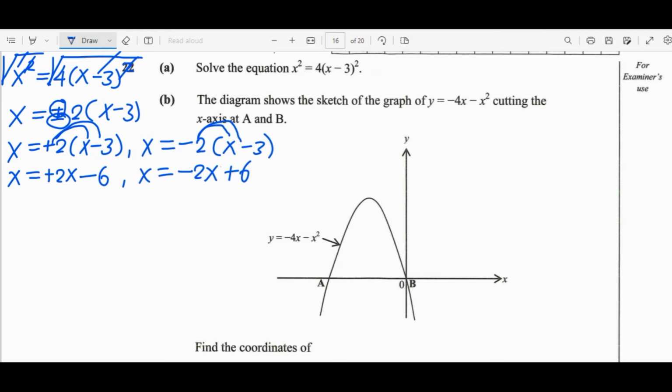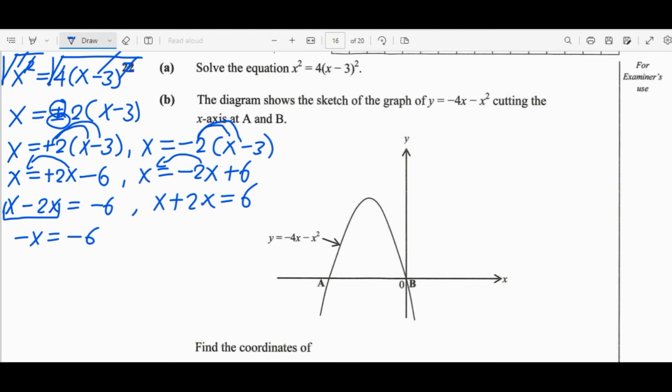Then I'm going to move the 2x to the left side, even this negative 2x to the left side. So know that this one will become negative 2x is equal to negative 6. Then for this one it will be positive 2x is equal to 6. This part here we are going to subtract because of different signs. So I'm going to get negative x is equal to negative 6.